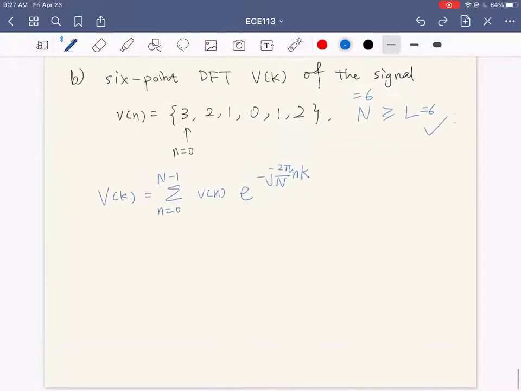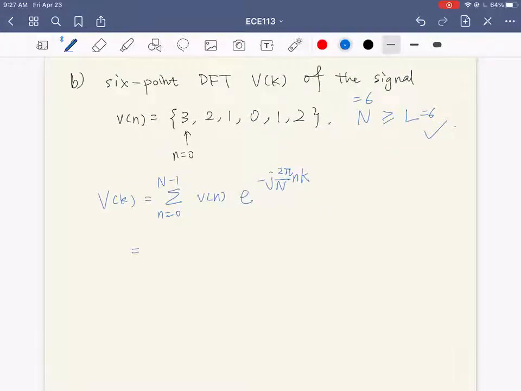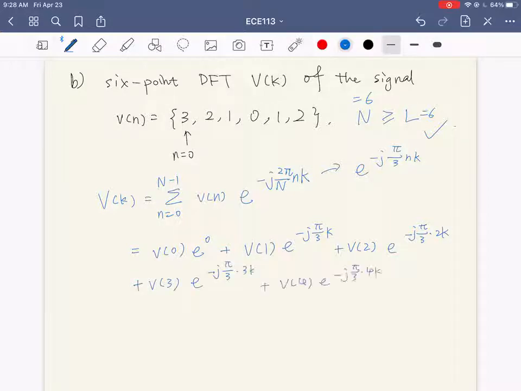So let's do the calculation. It starts from 0. So this is e to the minus j 2 pi over 6, which is pi over 3, times k. Now n is 1. Let's continue: 2k this time, 3k, 4k, 5k.